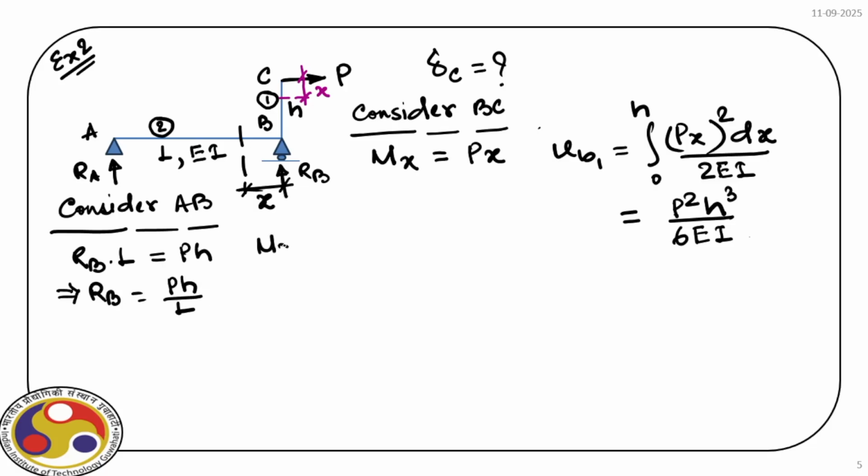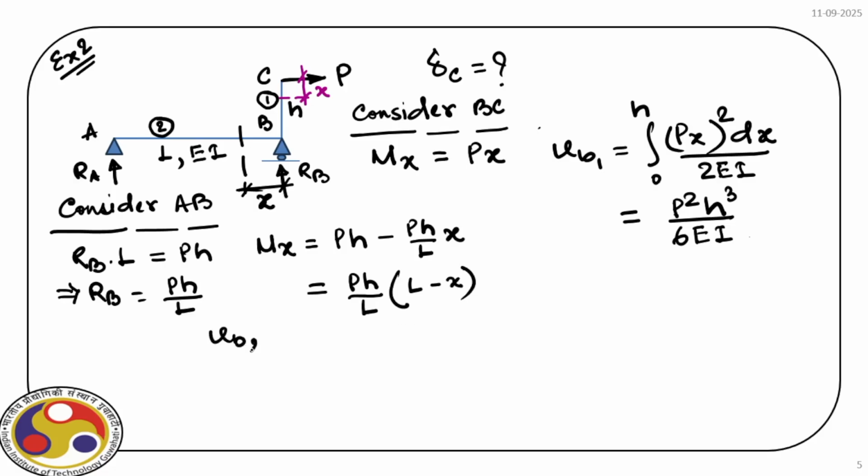Therefore, we can calculate Mx, which is P times H minus RB, which is PH by L times x. So effectively we have P times H by L, and within bracket we have L minus x.